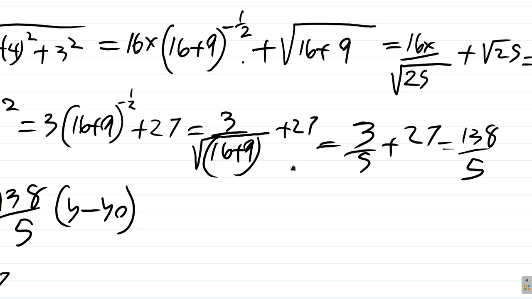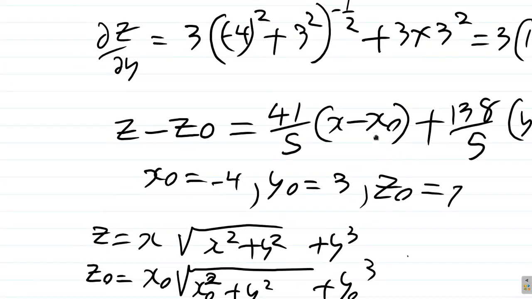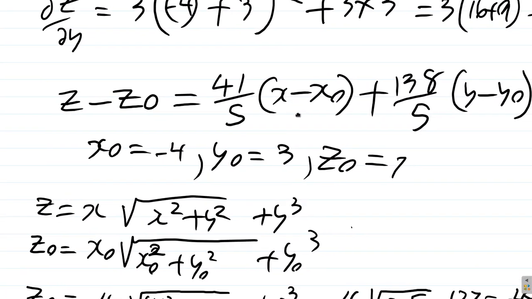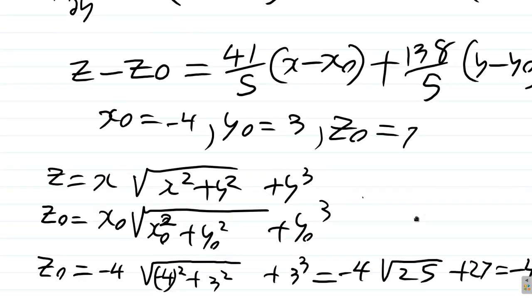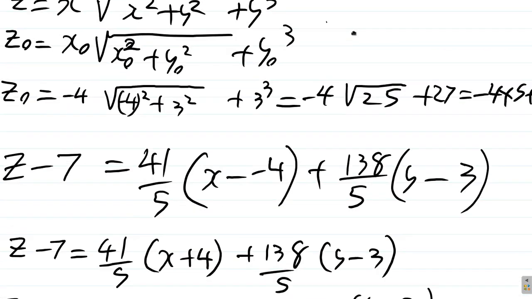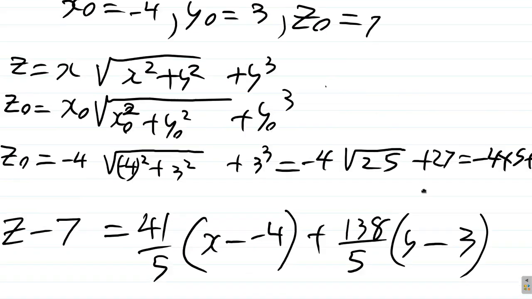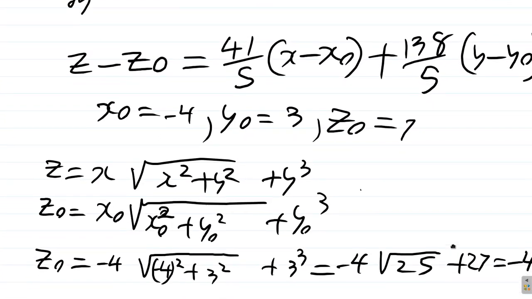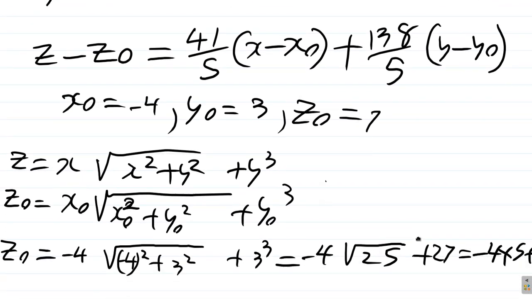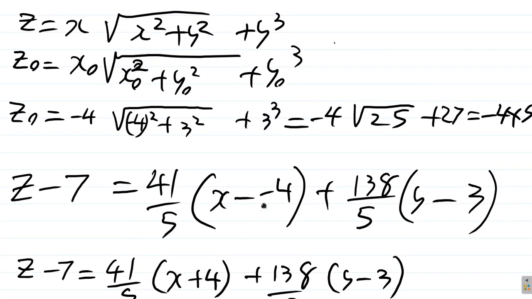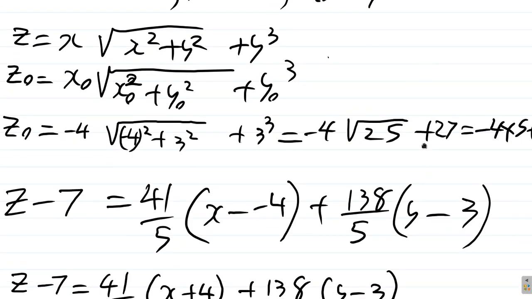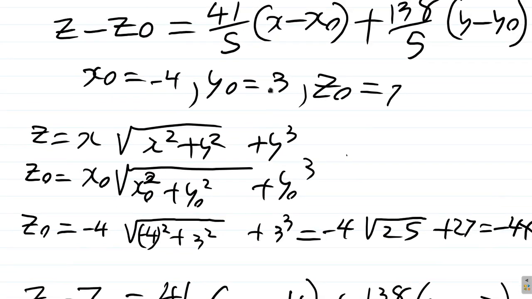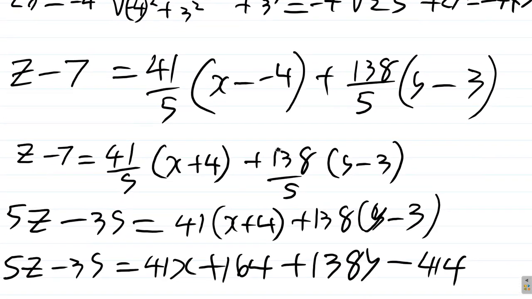And then after that, when you find your x naught, y naught, z naught, you put them in. You see that z naught is 7, so z minus 7 equals 41 over 5 times x minus x naught, which is x minus negative 4, plus 138 over 5 times y minus y naught, which is y minus 3, because y naught was 3.